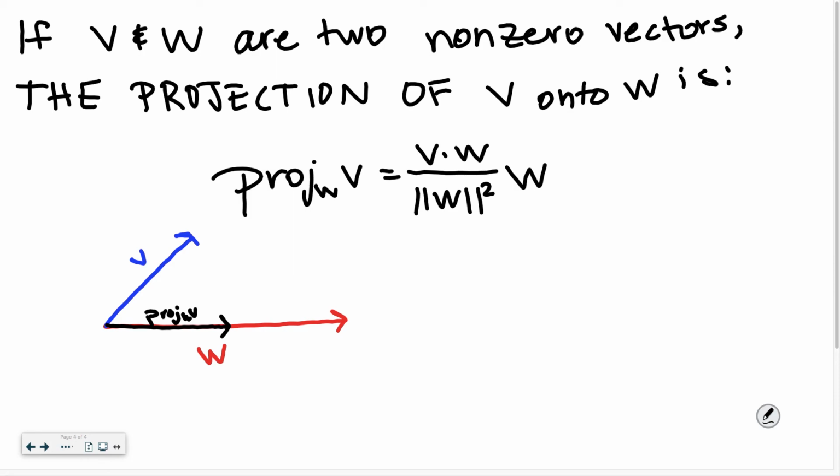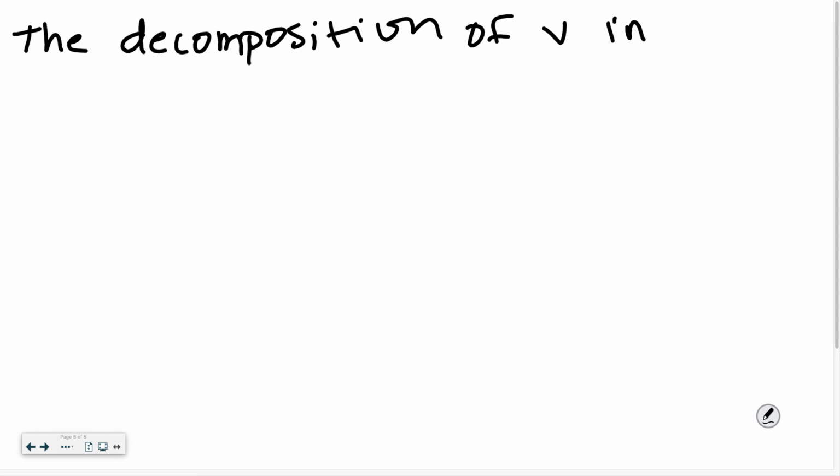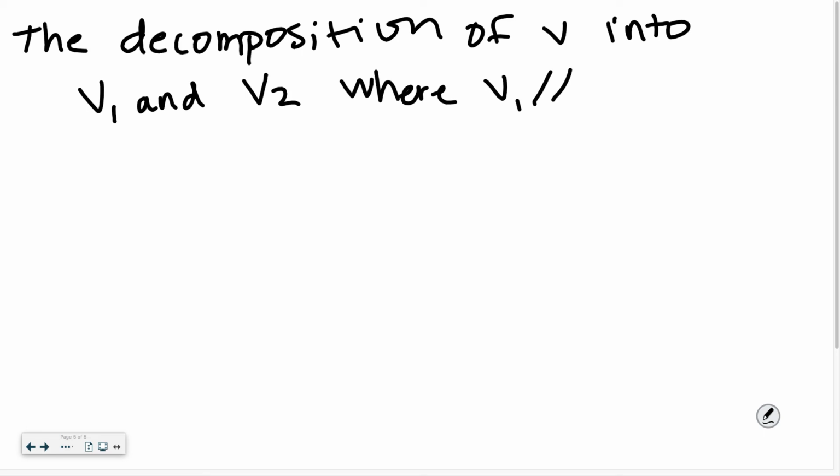Alright, so this is the decomposition of V into V1 and V2, where V1 is parallel to W and V2 is perpendicular to W. Okay. We just talked about this.